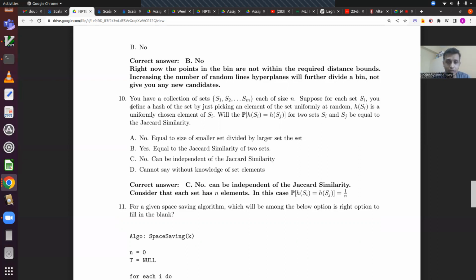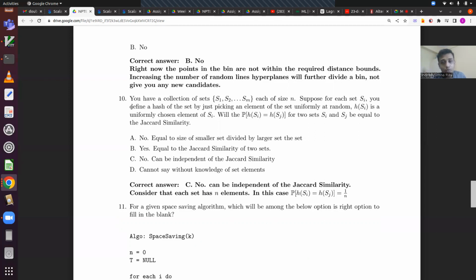So this is a nice tricky question, but the answer is correct. The Jaccard similarity of two sets can be any value between 0 and 1. Now let's say you have two randomly shuffled sets. What is the probability that if you pick one of the n positions, the elements will match? 1 by n.